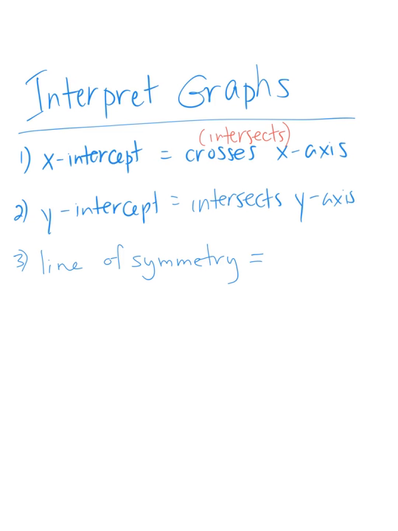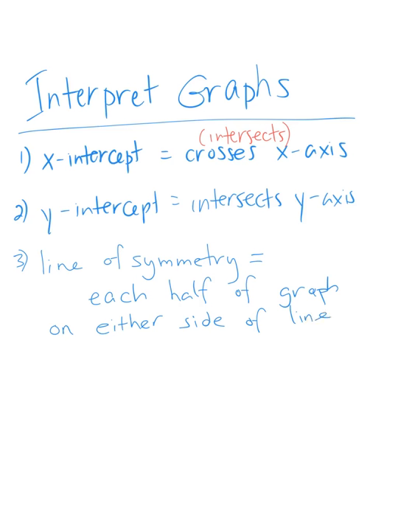So basically, if you're speaking of graphs, each half of the graph on either side of the line is the same.